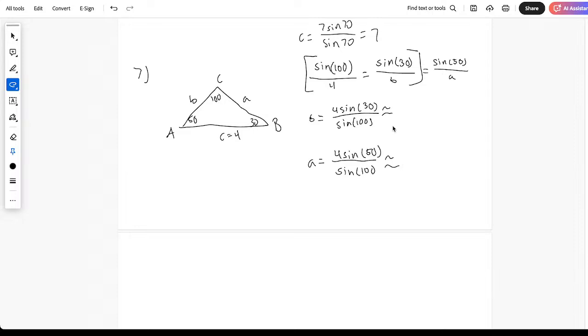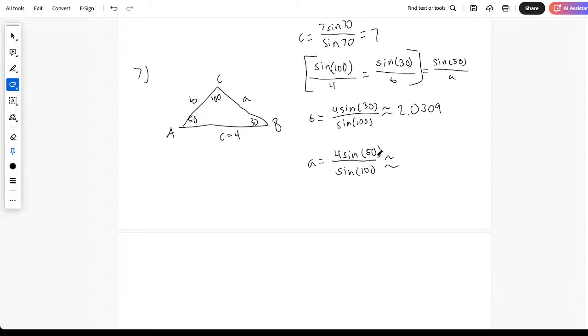Okay, 4 times sine of 30 over the sine of 100. And that comes out to 2.0309, I'm just going to round that to 9. And then A, so I just have to change this a little bit. I have to change a 3 to a 5 in my calculator, and that's it.